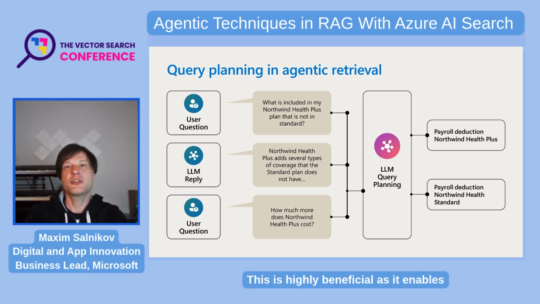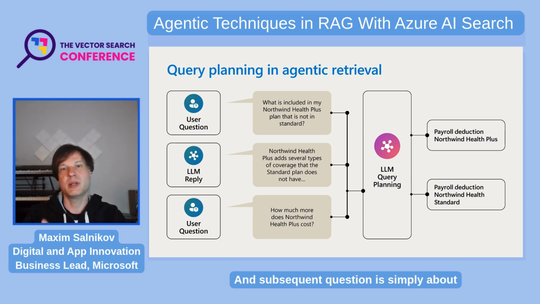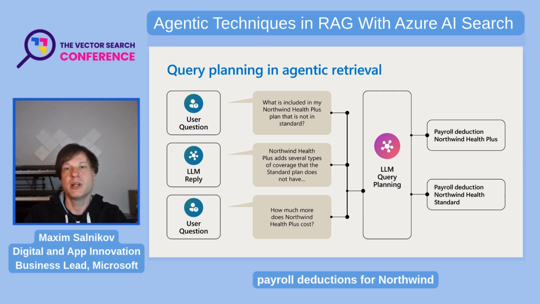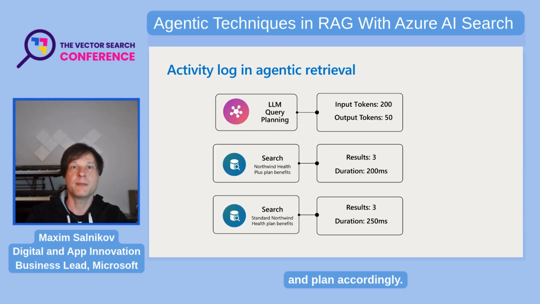This is highly beneficial as it enables the agent to generate relevant sub-queries even if the last question is not fully self-contained. For example, if a discussion has previously touched upon standard plan benefits and a subsequent question is simply about payroll deductions for Northwind Health Plus, the agent uses the full context to understand the intent and plan accordingly.